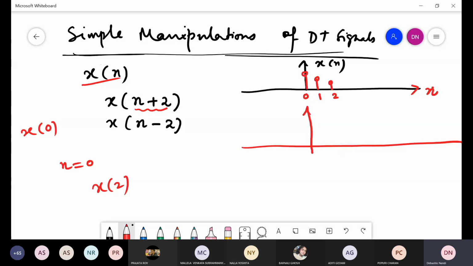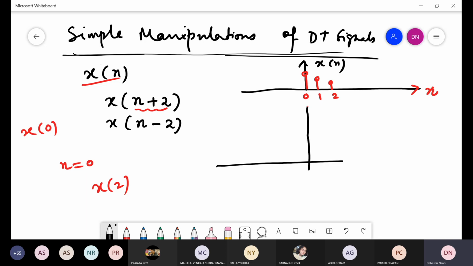So at n is equal to 0, this particular value, let me erase this. I want to draw this axis using black color.